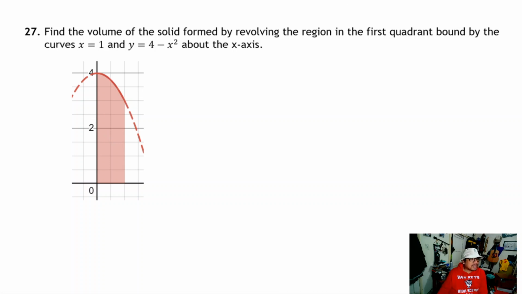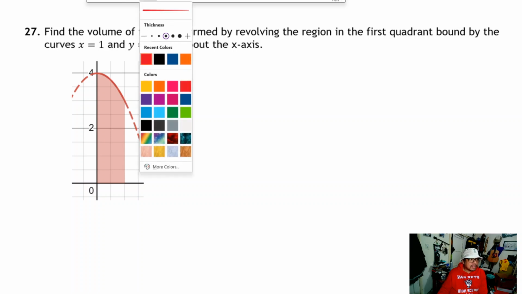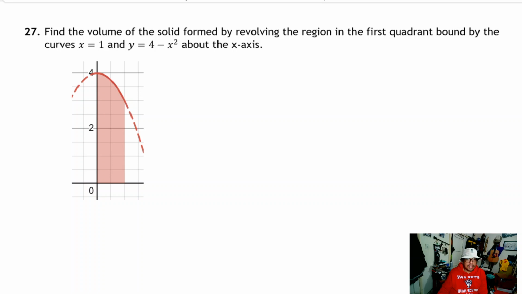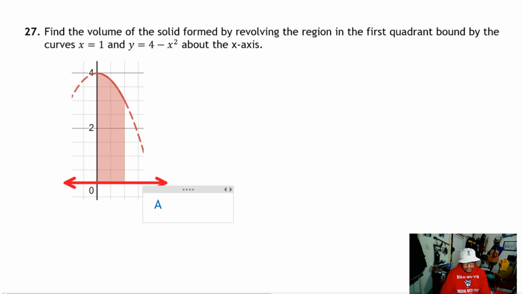So my axis of rotation is going to be, let's draw our line, this right here. Okay, let's label that axis of rotation.